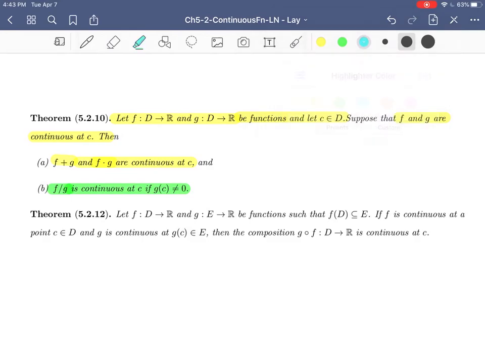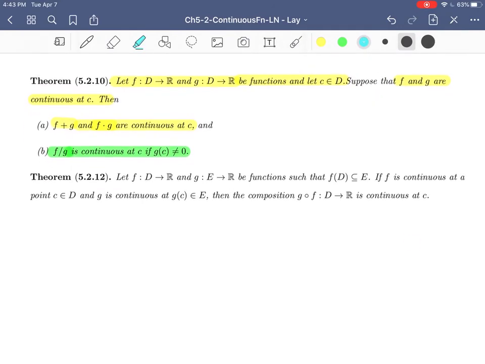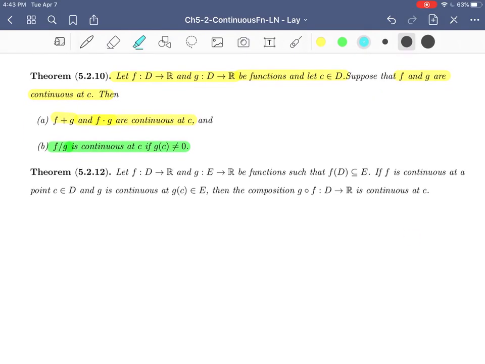We can also think about compositions of functions. So if f has a domain D and maps to the real numbers, and g has a domain E and has a codomain of the real numbers, these are both functions, and the range of f is a subset of E, right?